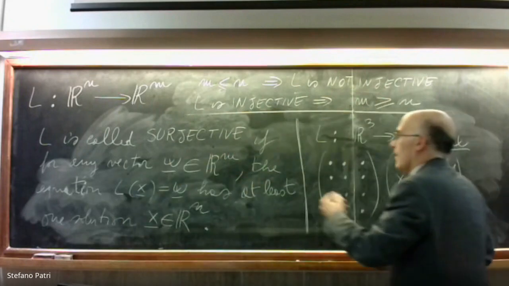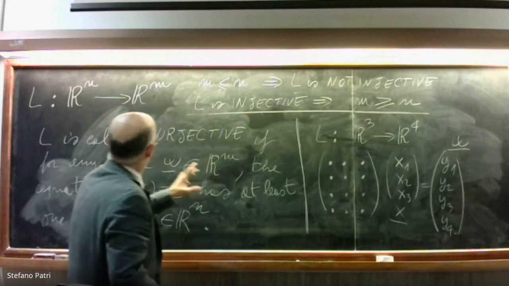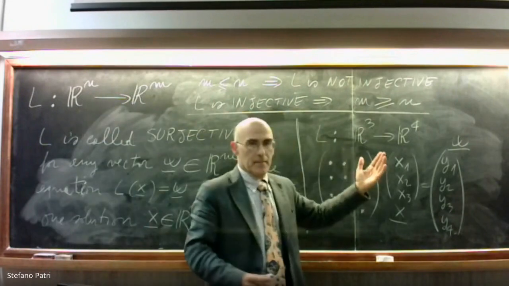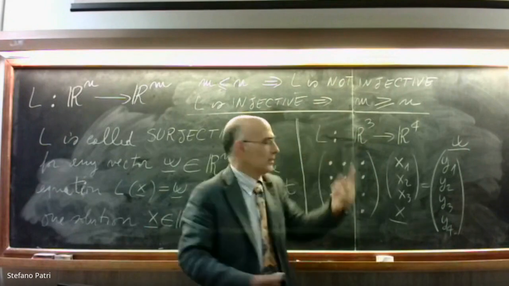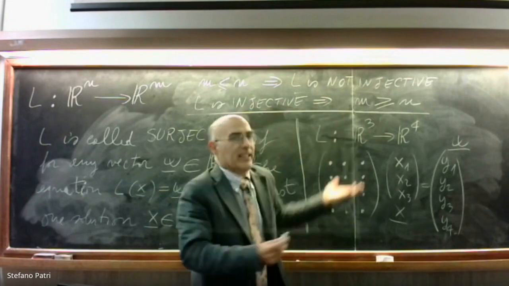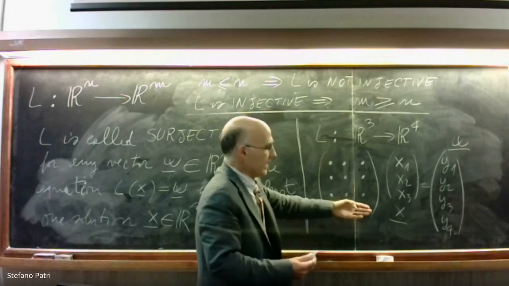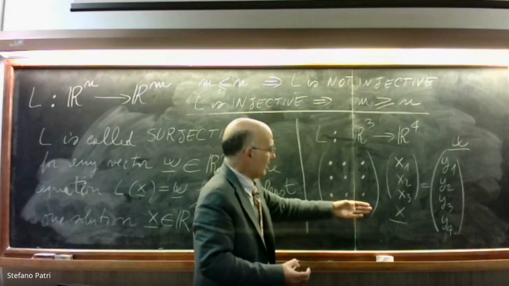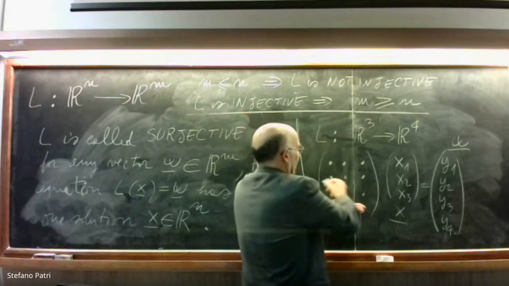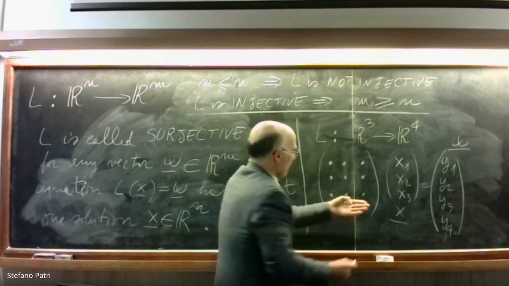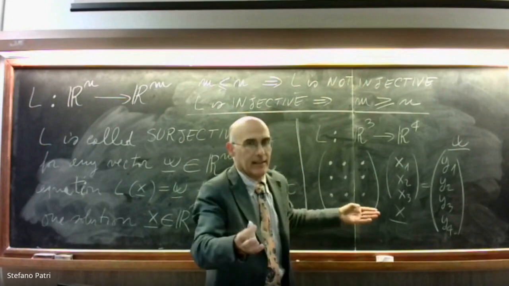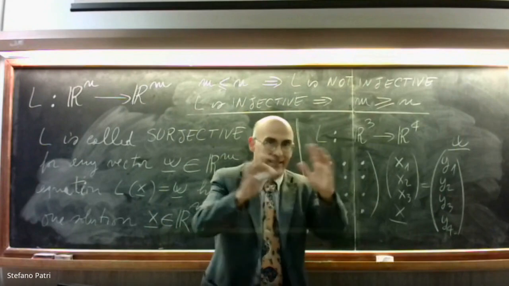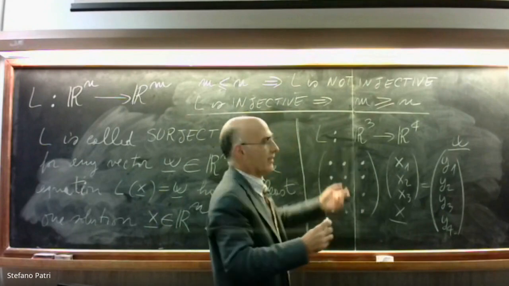Well, the highest possible rank of this matrix is 3, because the greatest minor matrices are of order 3. Then we can have rank 2, rank 1. But the highest possible rank is 3.